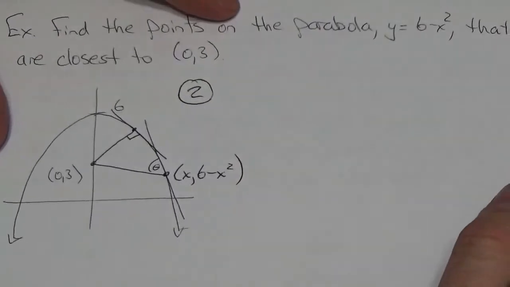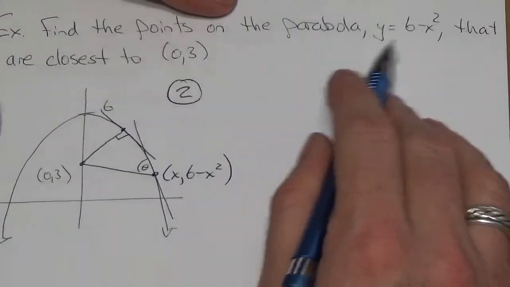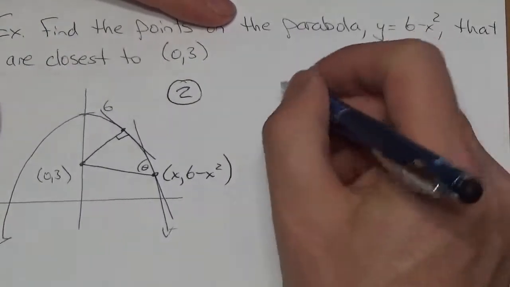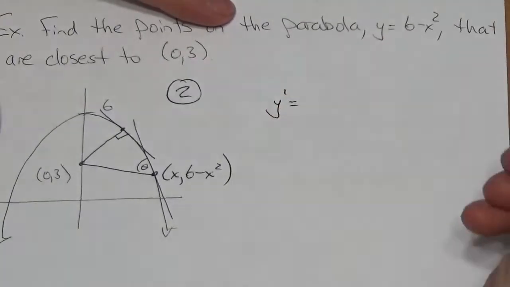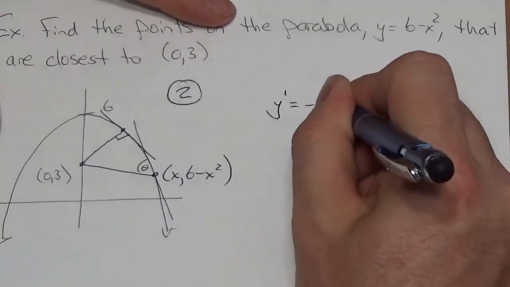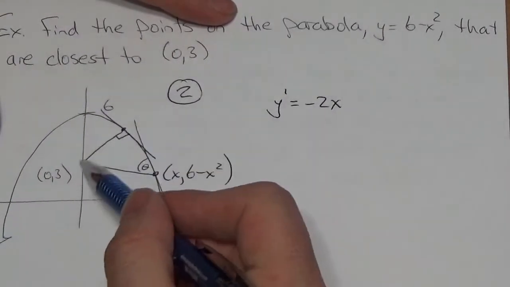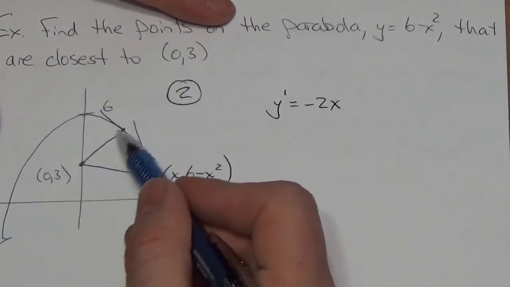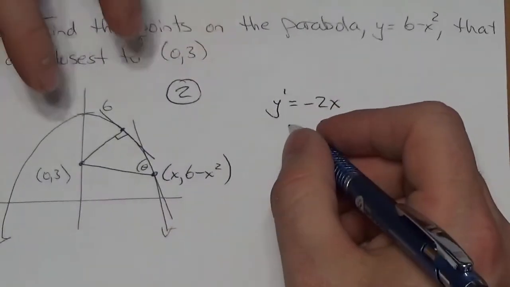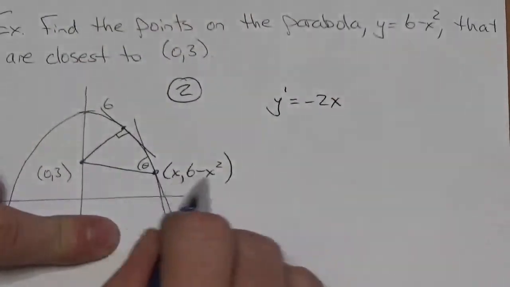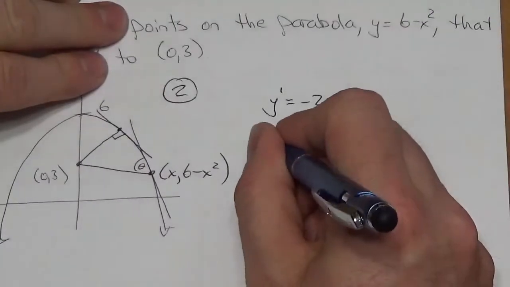Well, the slope of the tangent is easy. This is a calculus class. We've got y equals 6 minus x squared. So the slope of the tangent is going to be y prime, or negative 2x. That's the slope of this line. The slope of the line segment joining 0, 3 to that point of tangency, well, I've got 2 points there. Remember, I've got this general point and I've got this one right here.